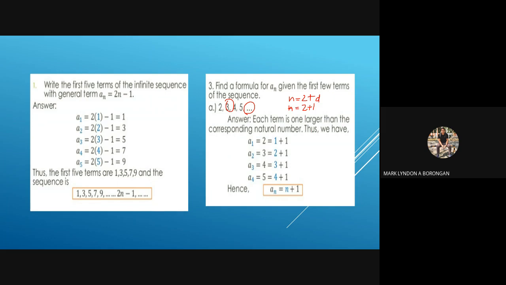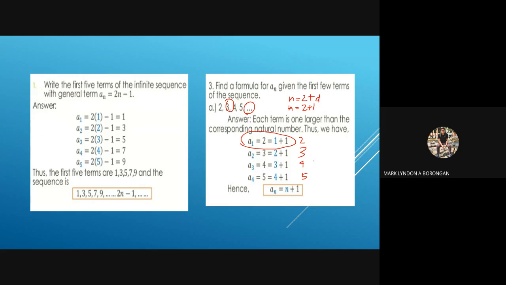Okay? It is the same here. So the first term is n, then add 1, which is the common difference, you'll get 2. For 2, add the common difference 1, you get 3, add 1, you get 4, then lastly for 4 add the common difference 1, you'll get 5.